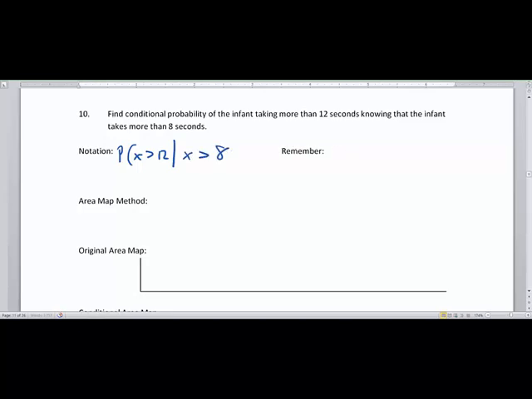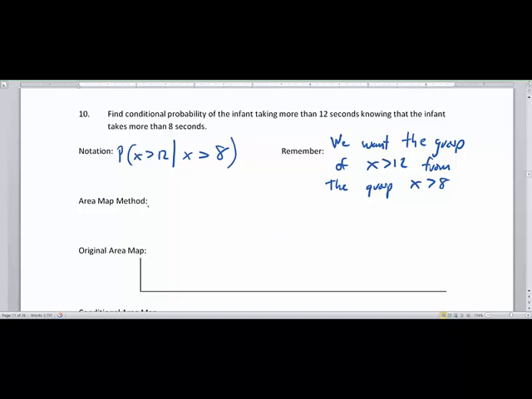Let's remind ourselves what conditional probability means. We want the group of x greater than 12 from the group that was greater than 8 anyway.